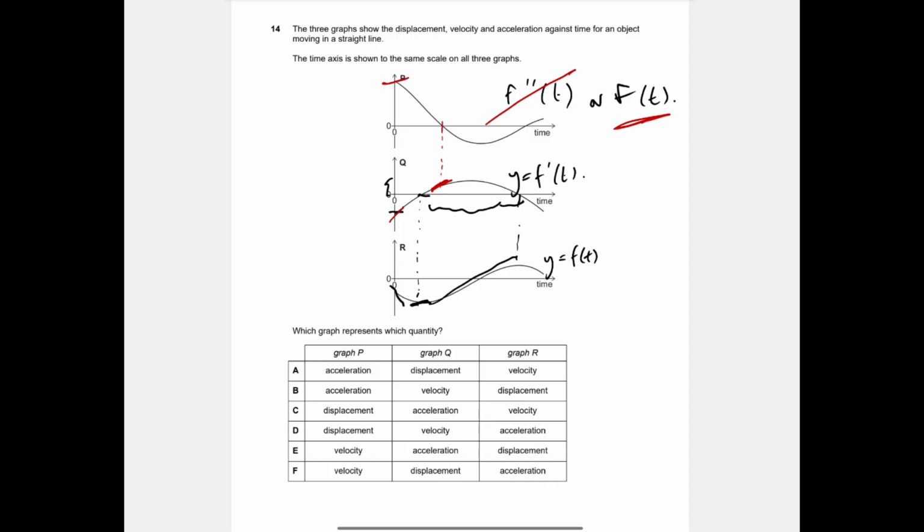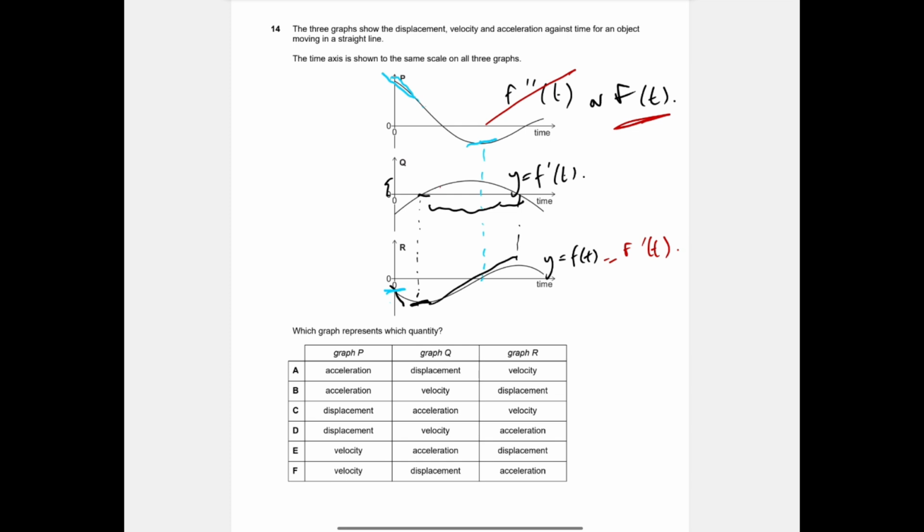Let's think about if that's reasonable. In this case, R would be the gradient graph of P. I'll just rub out these that I've made. We'll do it in blue this time. P starts out with a negative gradient, which R shows. And then the gradient decreases, and then P reaches a place with 0 gradient, which R also shows.